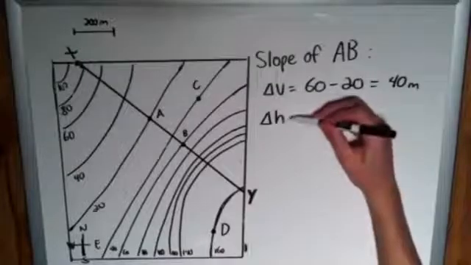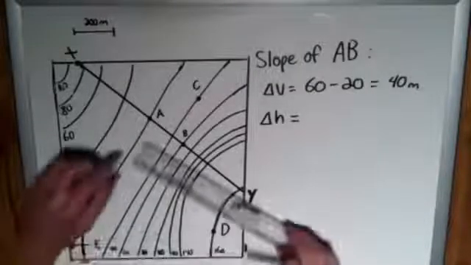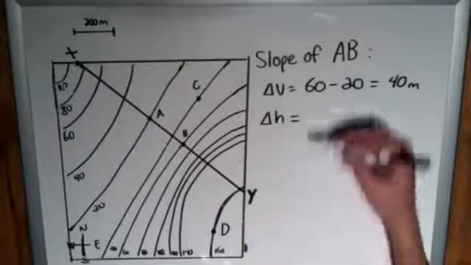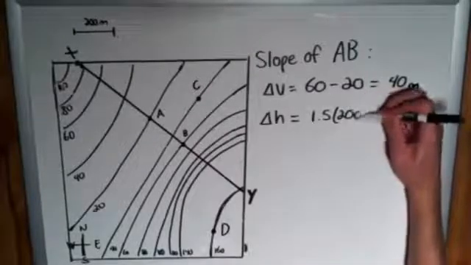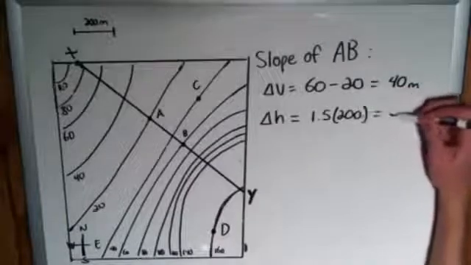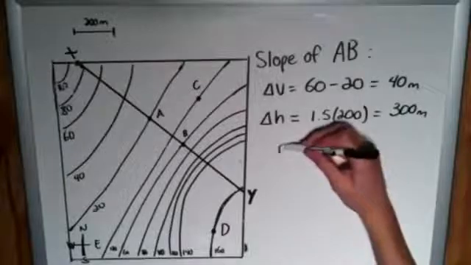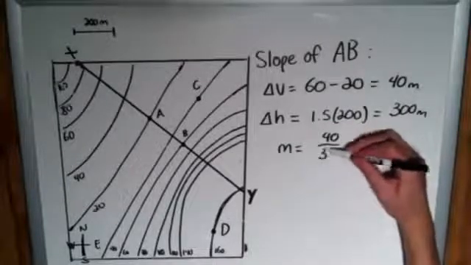And then our horizontal difference is going to be, this is about 1.5 inches, so it's about 1.5 times 200, which of course, simple mental math, is about 300 meters. So our slope now is 40 over 300.